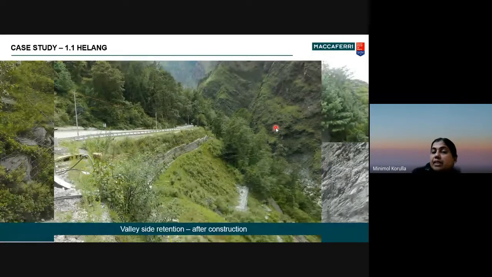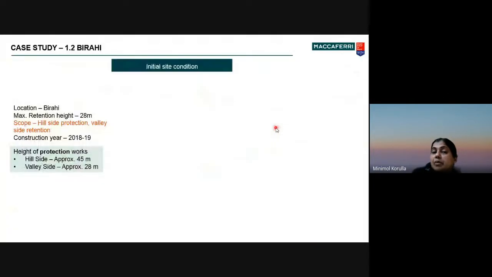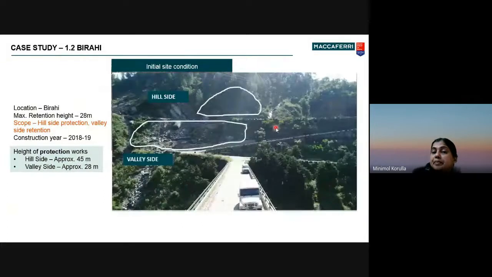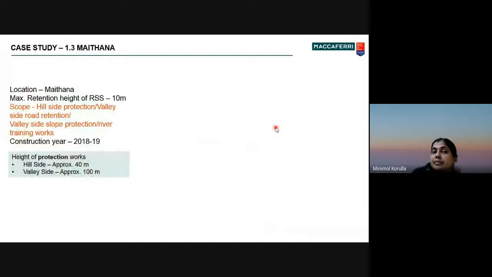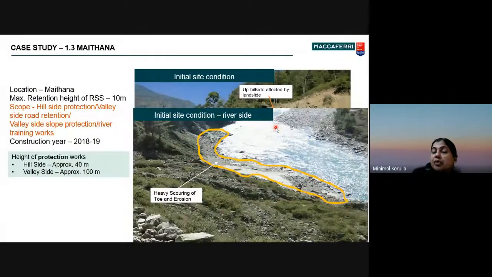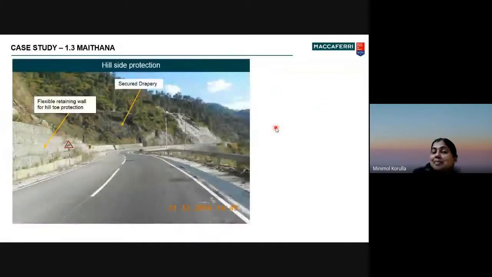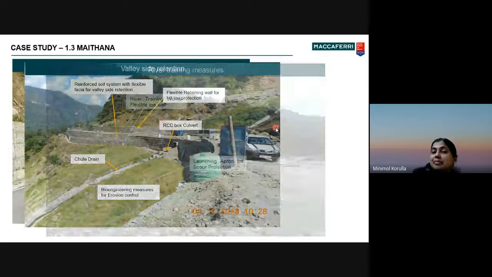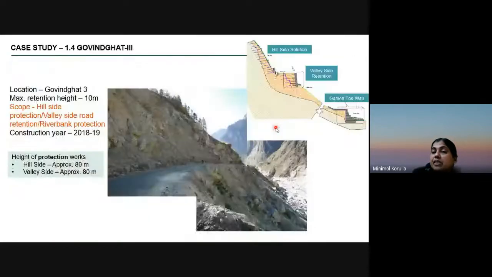These are the recent photos, and this is the riverside where a gabion protection wall and an apron are provided. There are different stretches like this where flexible and green solutions completely stabilized the slopes, and riverbanks again got protected with the flexible solutions.